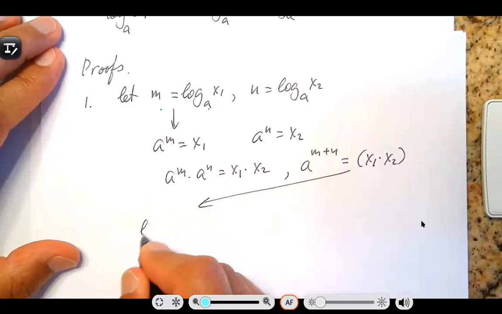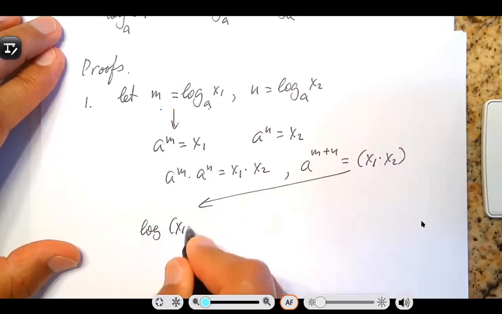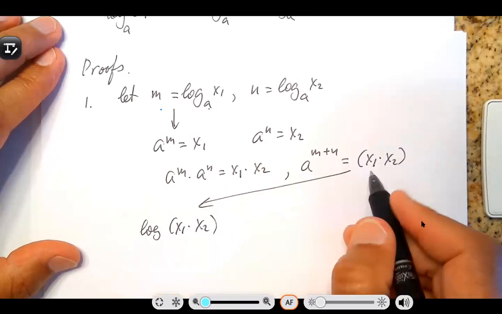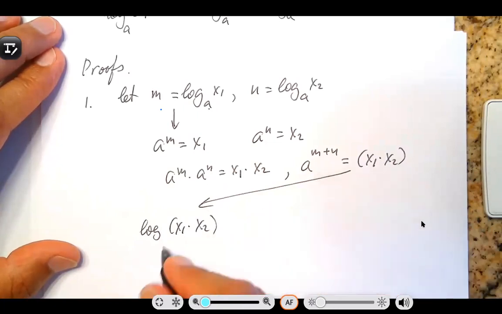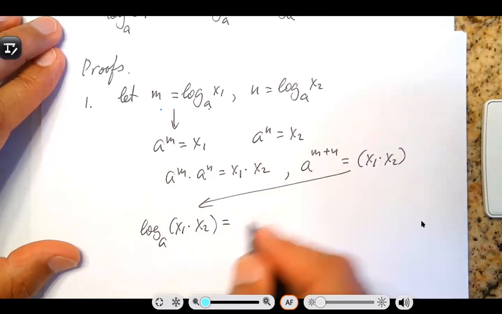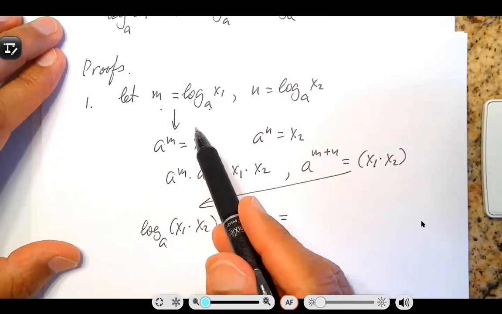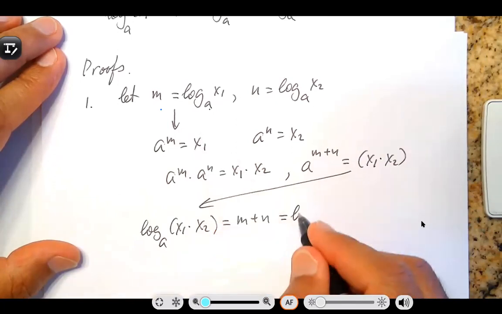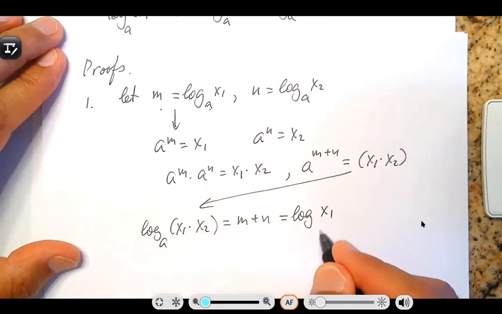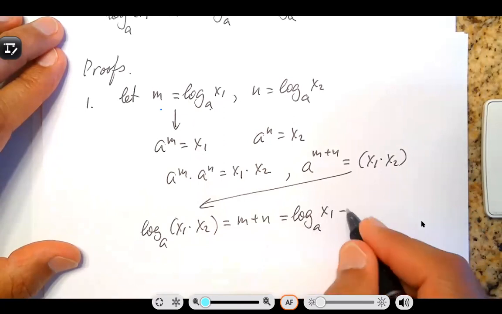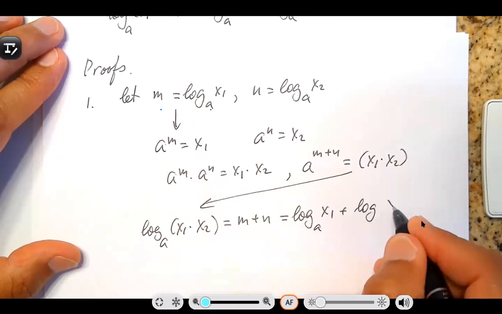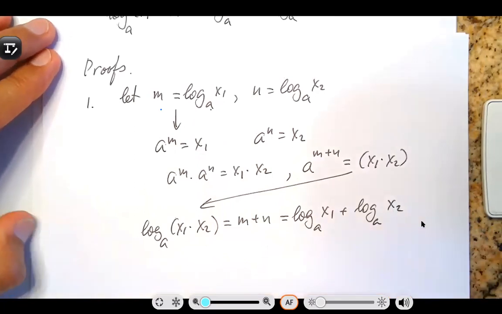Logarithm of x sub 1 times x sub 2, base a, equals m plus n. But what does m stand for? Logarithm x sub 1 base a. What does n stand for? Logarithm x sub 2 base a. There, we just proved number 1.